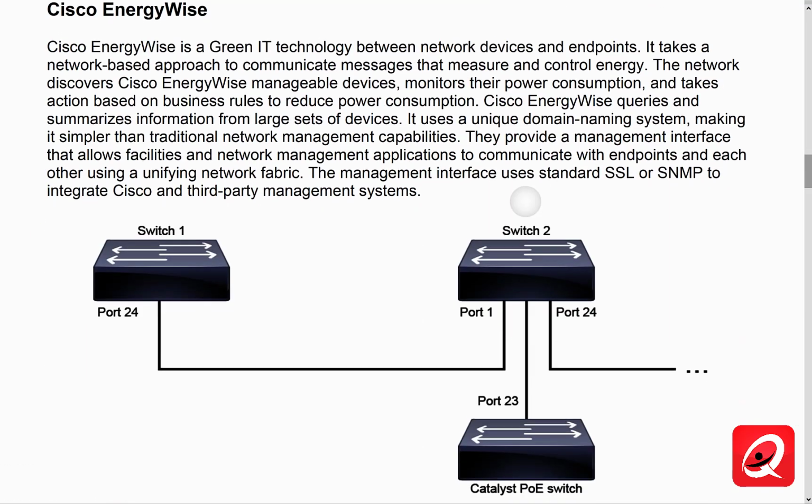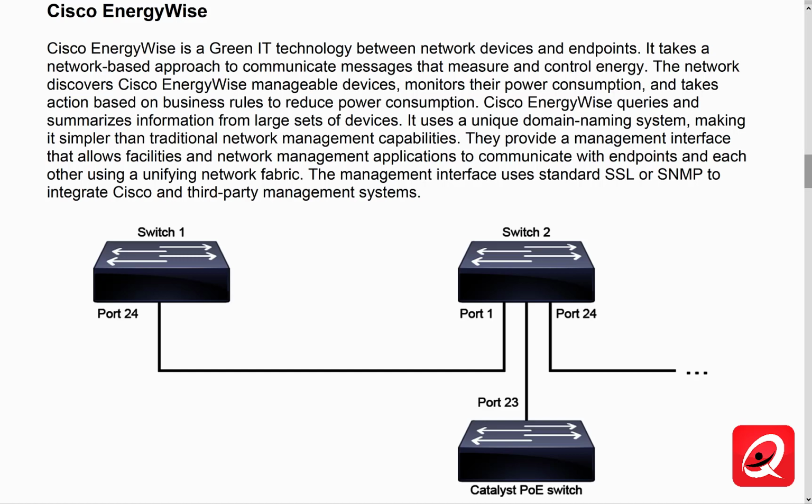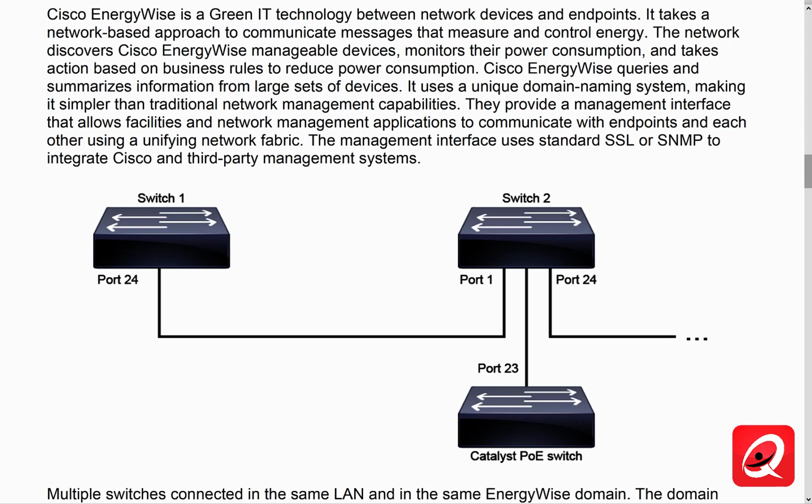All right. The last thing we'll talk about in this particular section here is EnergyWise. Cisco EnergyWise is just like any other EnergyWise technology. It's a green IT technology. Basically what happens is you create this EnergyWise domain. It's treated as one unit of power management, almost like a network management community, like a VLAN, a VTP domain, if you will.